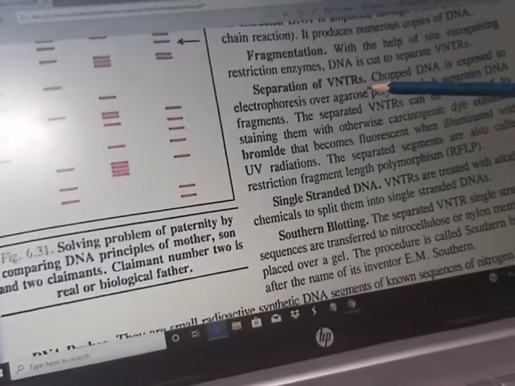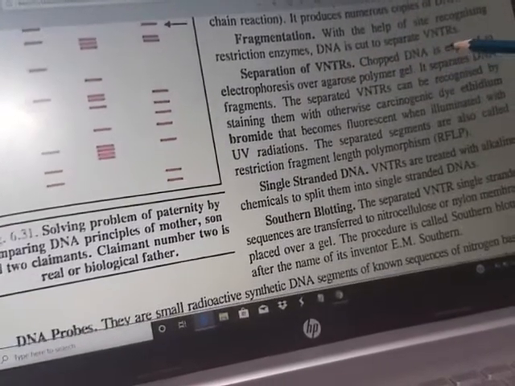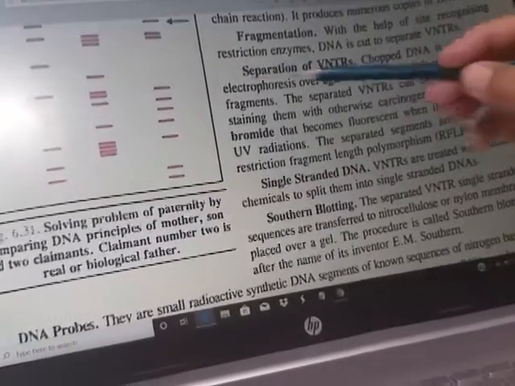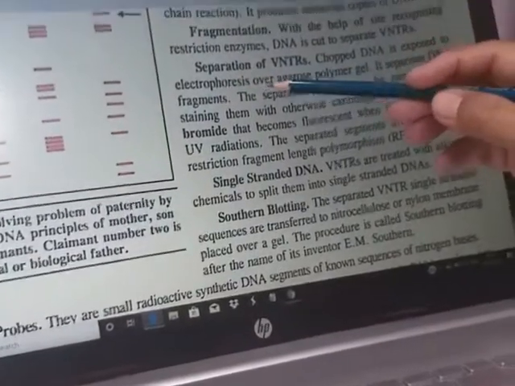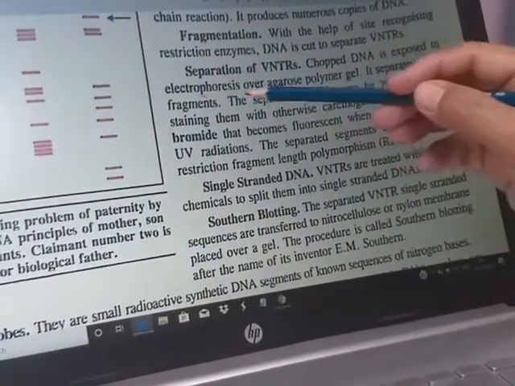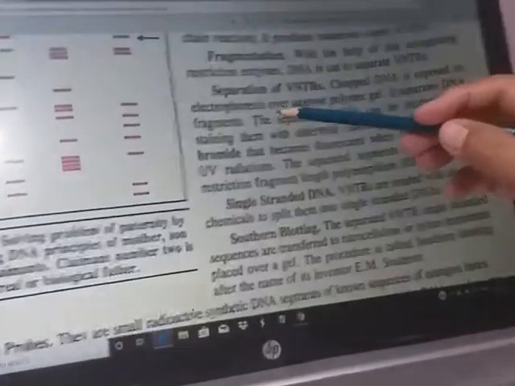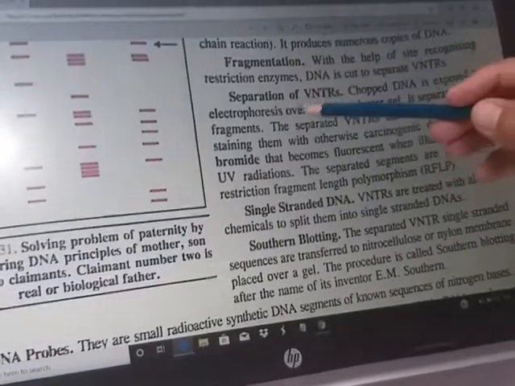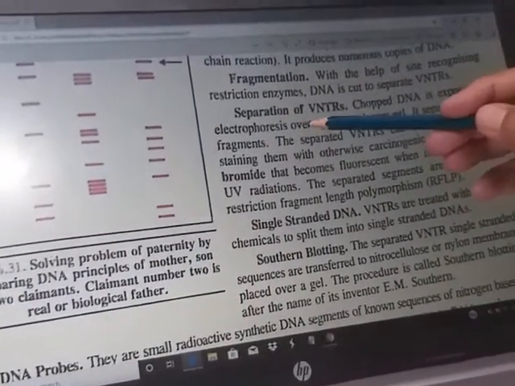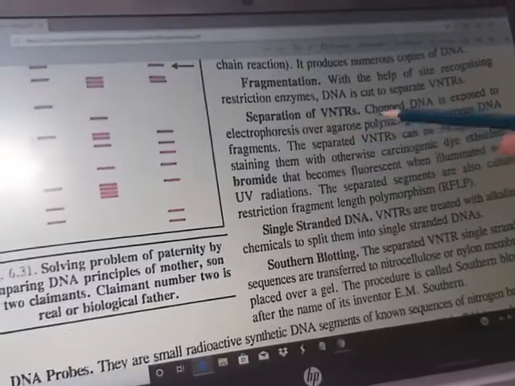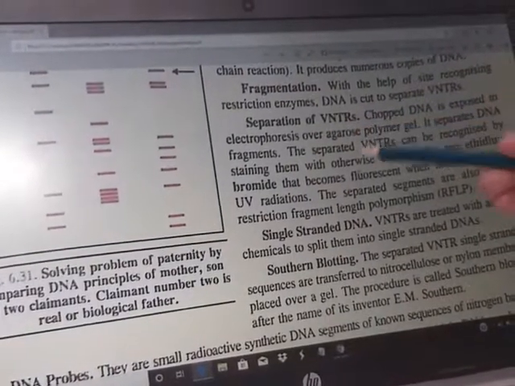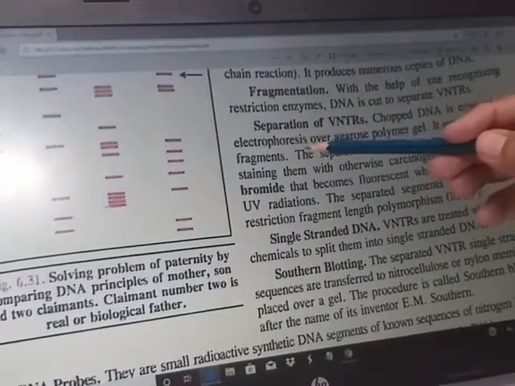Separation of VNTRs. Chopped DNA is exposed to electrophoresis, meaning we are using the technique of gel electrophoresis to separate the fragments. We have the fragments, but how to separate them? The technique is electrophoresis.